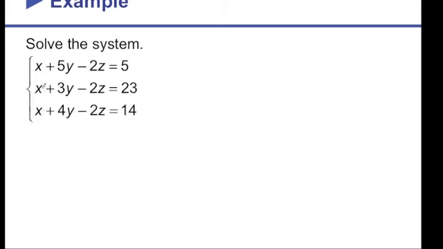Let's start this one. I notice that we have single x's again, so I'm going to start by multiplying the bottom equation by -1. So negative x minus 4y plus 2z equals -14. Now I'm going to take that equation and add it to the top equation.